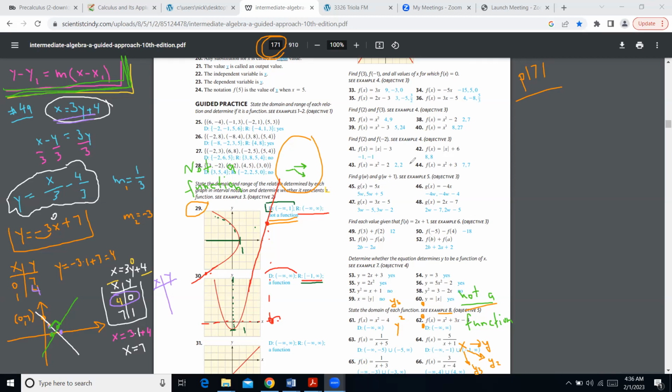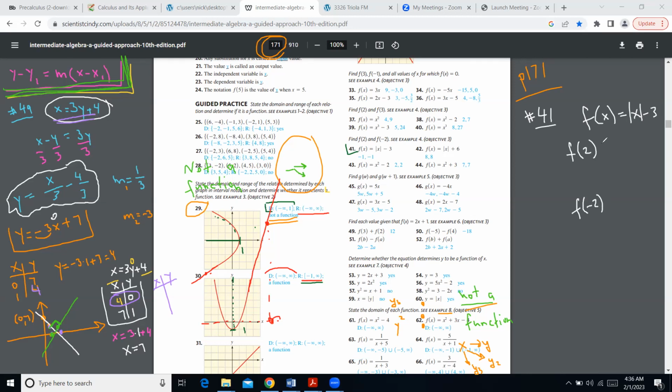So let me try to do the problem number 41. Actually, this type of exercise is something people say is a favorite, because all you do is just plug the numbers in. So in exercise number 41, you're given some kind of function, which is the absolute value of x minus 3, and we have two values, f of 2 and f of minus 2, to find.